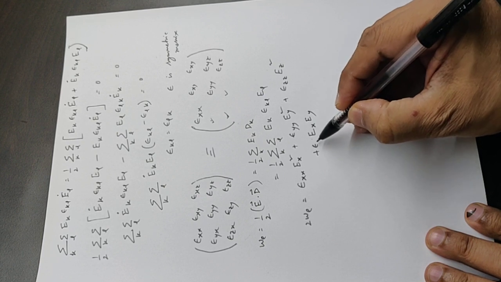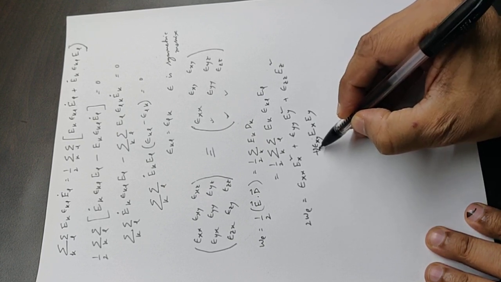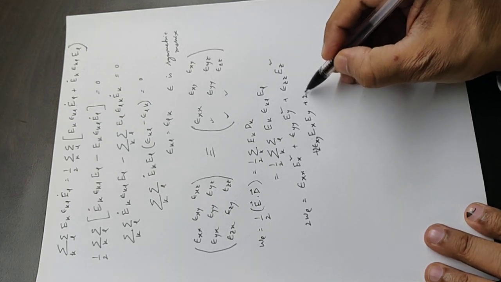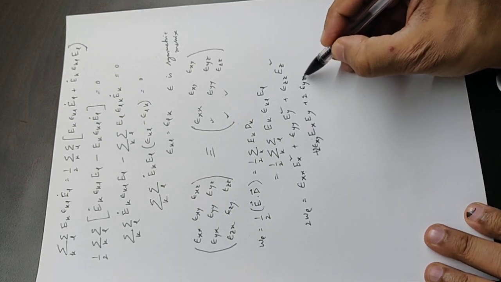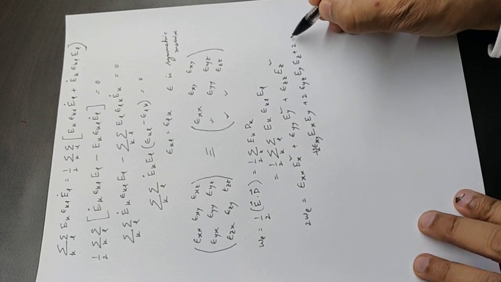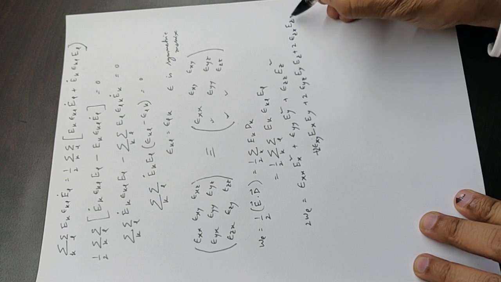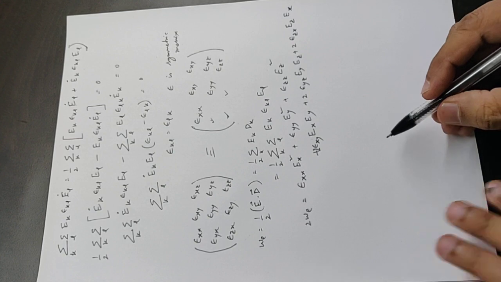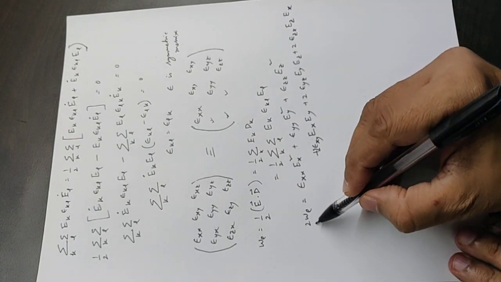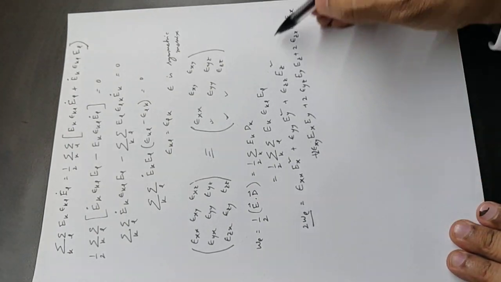But epsilon xy would be equal to epsilon yx, so you'll have twice of this. Similarly, twice of epsilon yz, Ey Ez. Similarly, twice of epsilon zx, Ez Ex. So this is all electrical energy. Twice of the electrical energy is this form.